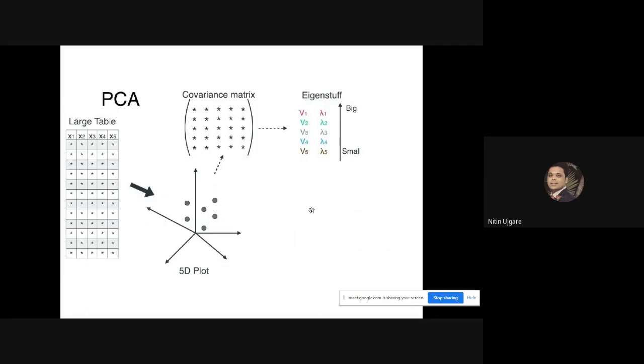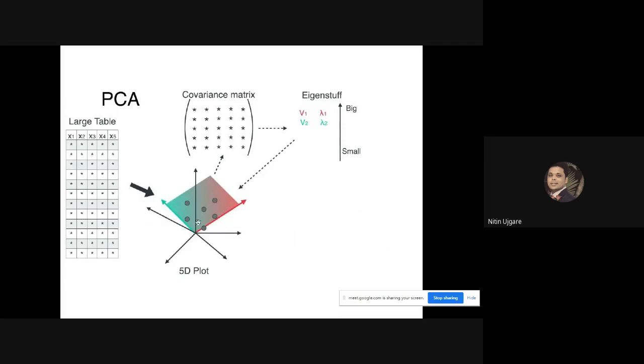Now we know that we select the eigenvectors with the highest magnitude value. Let's consider that eigenvectors v1 and v2 have the highest magnitude values out of the 5 eigenvectors. So we have considered the first 2 eigenvectors, v1 and v2, and they will be used to construct a new hyperplane.